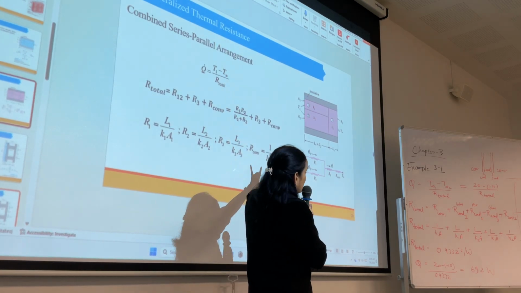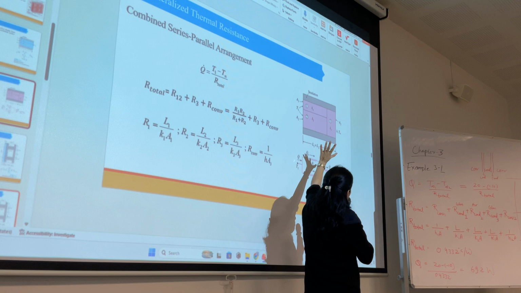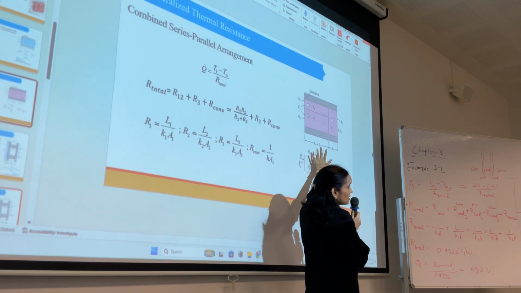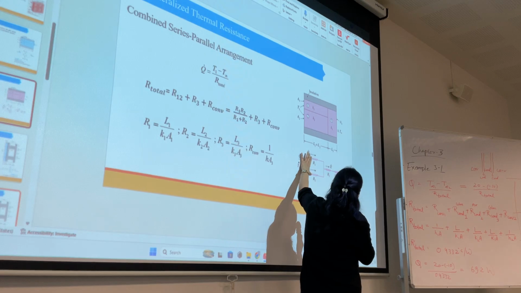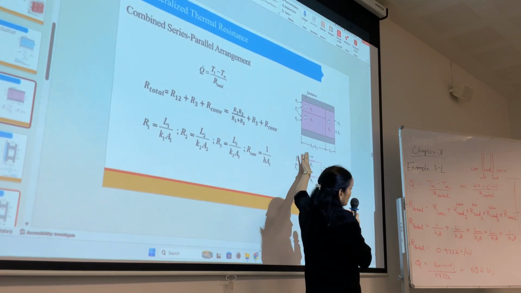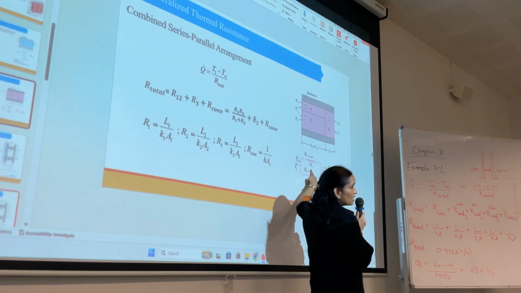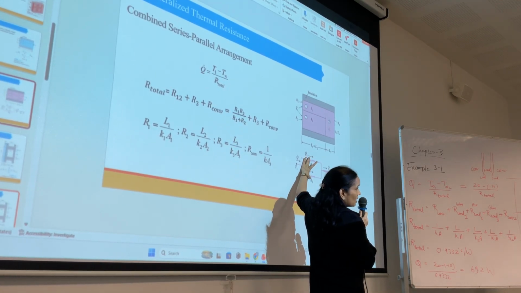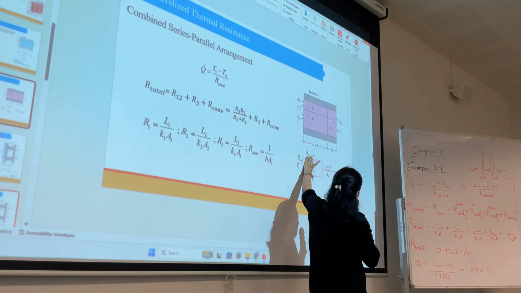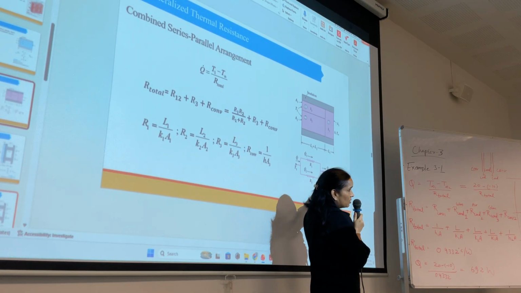Okay, HA3. Now, if you see it as a circuit in an electrical system, you will see these two resistors are parallel, and the third resistance is in series. So you will add these resistances parallelly, and the summation of this parallel resistance will be in series with the third.